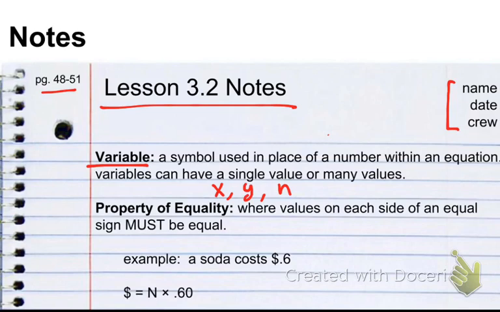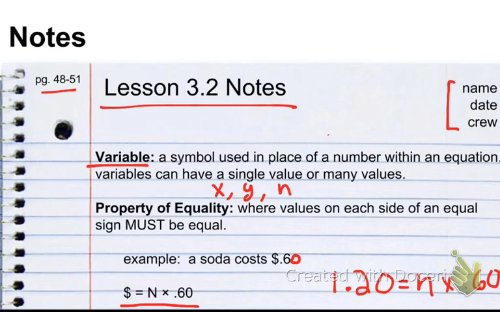And the property of equality states that values on one side of an equal sign must be equal to the other side of the equal sign. So if a soda costs 60 cents, and our equation is n times 60 gives us our cost, and the cost is 120 cents, we know that a certain number of sodas times 60 must equal 120.